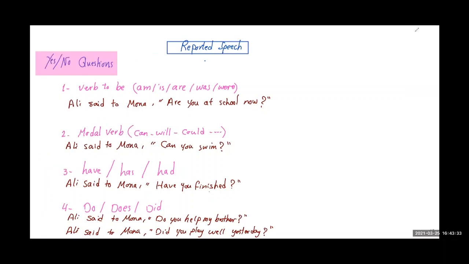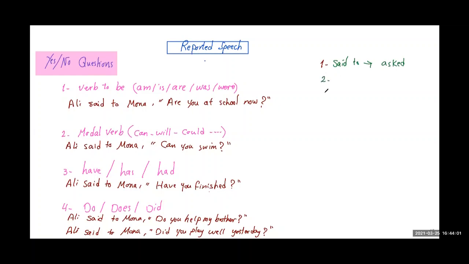How do we change from direct into indirect with yes and no questions? Number one, said to is changed into asked.